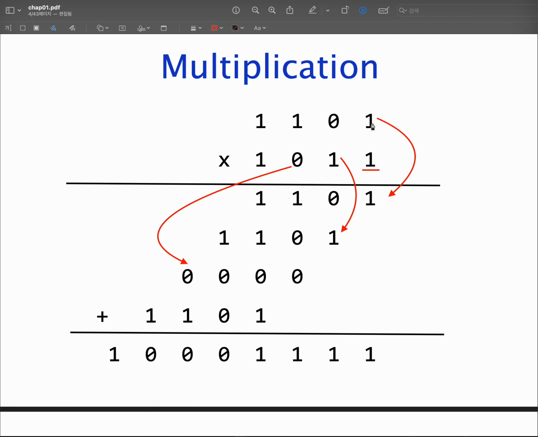If the digit is 1, then the number is written directly here, but its location should be aligned to the digit, like this. Once you have all the rows, then add them all together, and finally you get the resulting number.